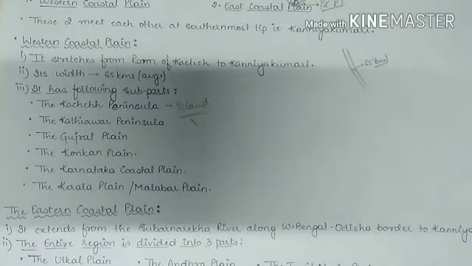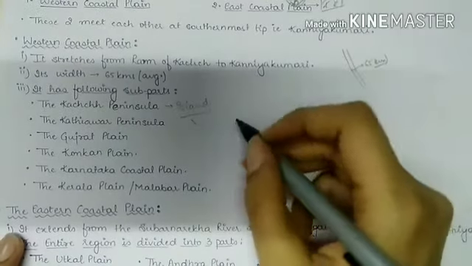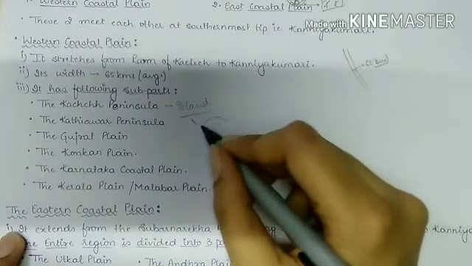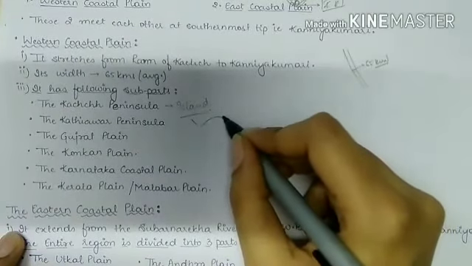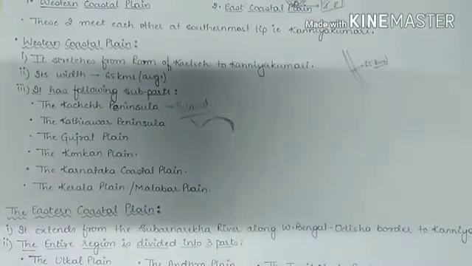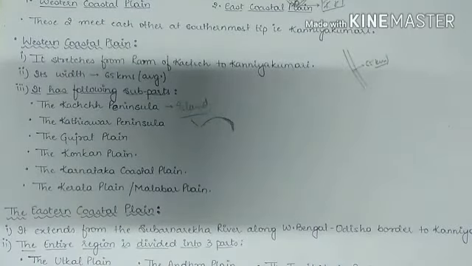Then we have Kathiawar Peninsula. Kathiawar Peninsula lies in the south of Kutch and it is encircled on the east and northeast by Little Rann and Nal Basin. Okay. The average elevation is less than 200 meters. The central part is a highland of Mahadev Hills, from which small streams radiate in all directions.